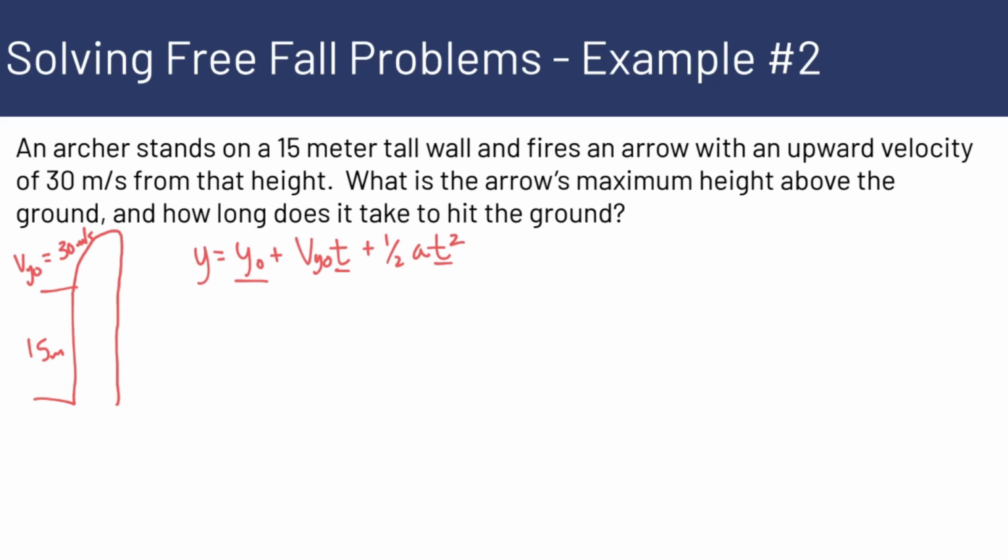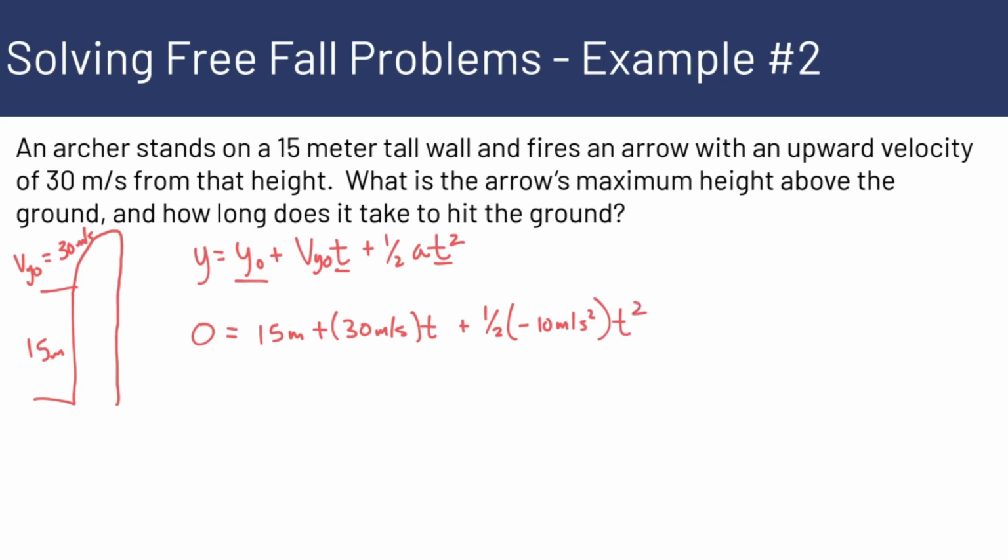So our y is going to be 0. Our y naught is 15 meters. Our vy naught is 30 meters per second, times t, plus 1/2 times -10 meters per second squared, times t squared.